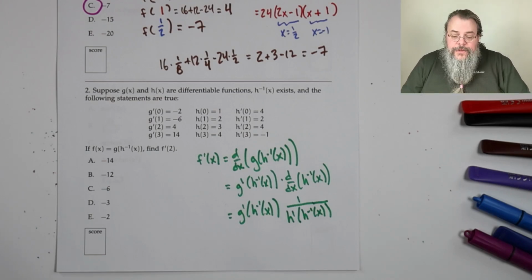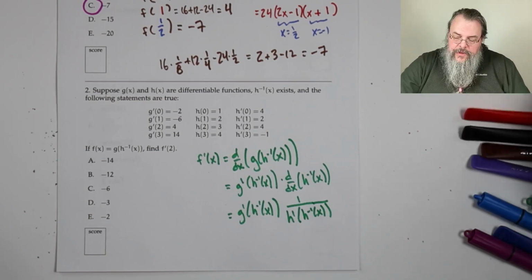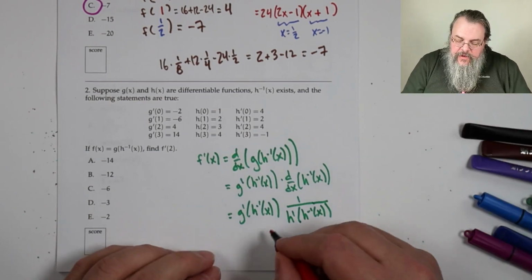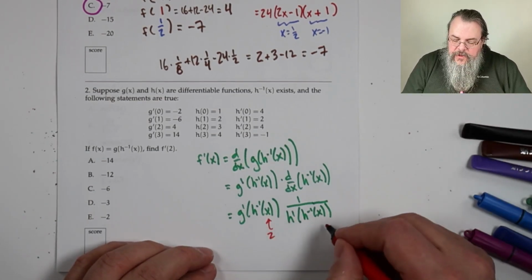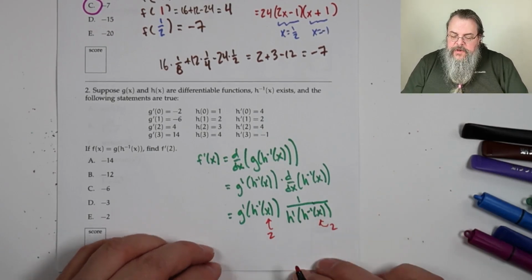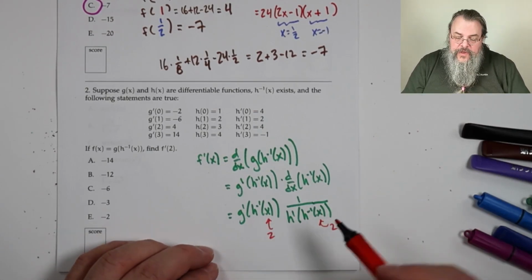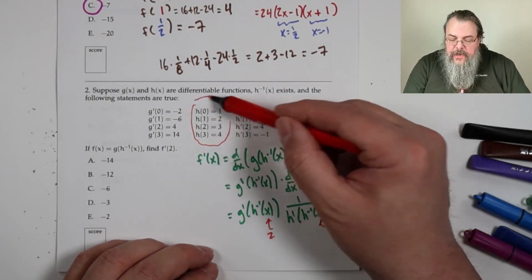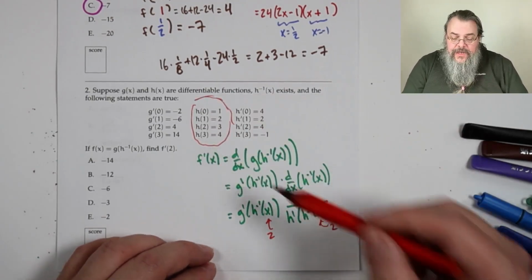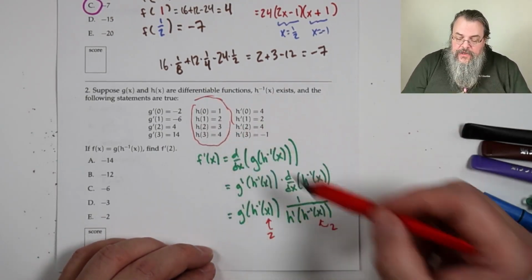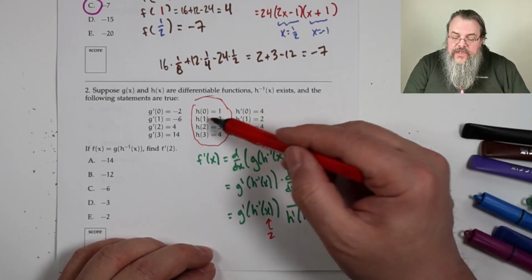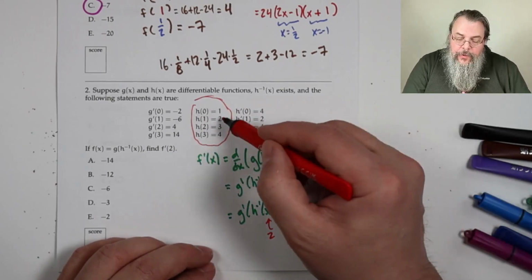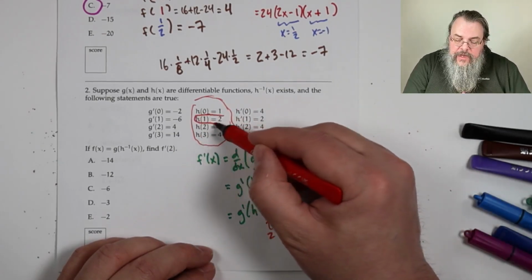Well, we're going to plug in 2. Wherever we see an x, we're going to put a 2. So let's start by finding h inverse of 2. So we come to the h's, and we want h inverse of 2. That's not saying, look at h of 2. It says, when does h have an output of 2? Well, that's right here.